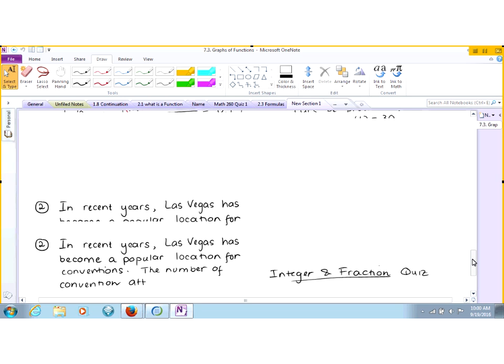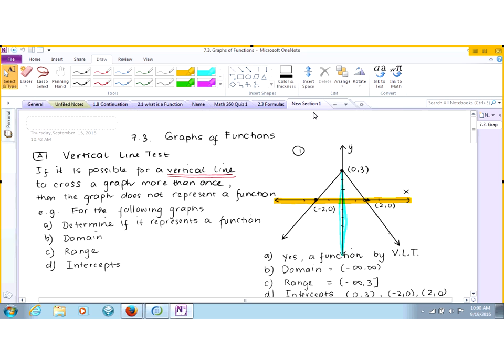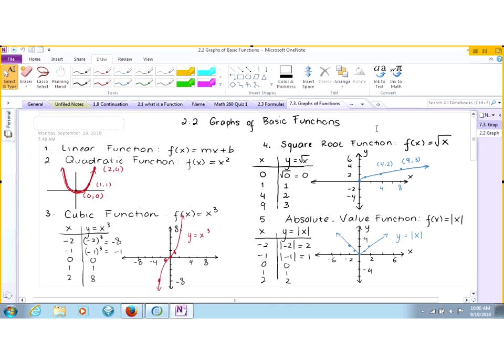This one I saved already. See, I lost it. That's why I don't like this. I couldn't find my notes.